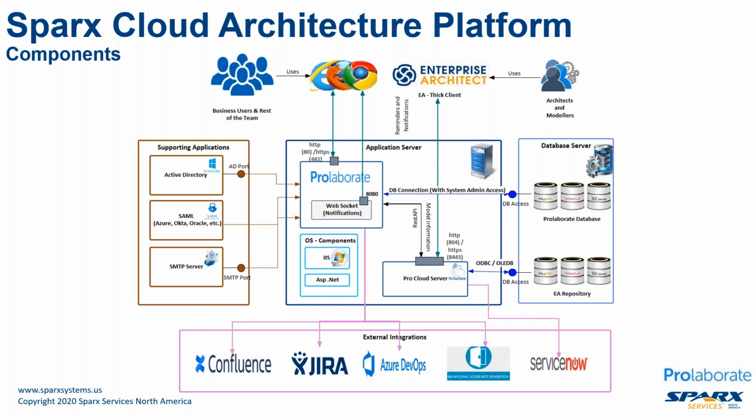Things like Confluence, Jira for managing your requirements, Azure DevOps for your DevOps pipeline and engineering, ServiceNow. We've got a whole session today about how to integrate EA with ServiceNow to pull the richness of data from your CMDB back into EA so you can model it.